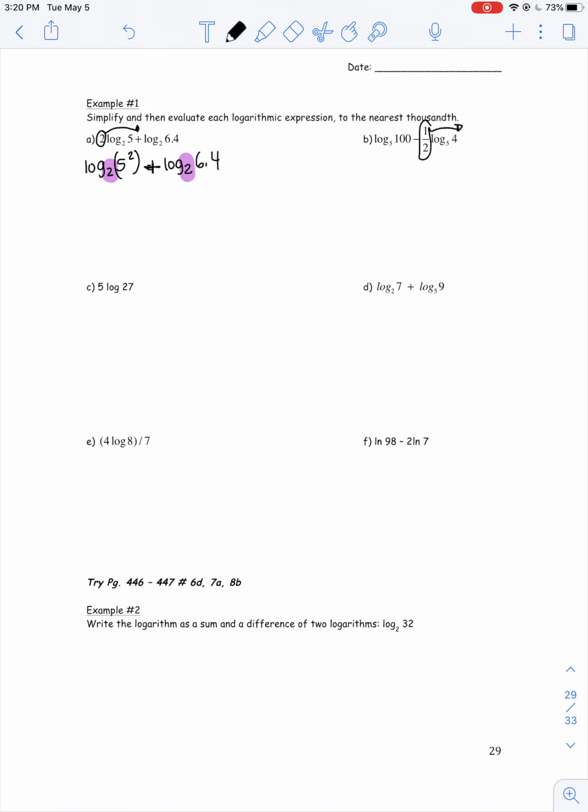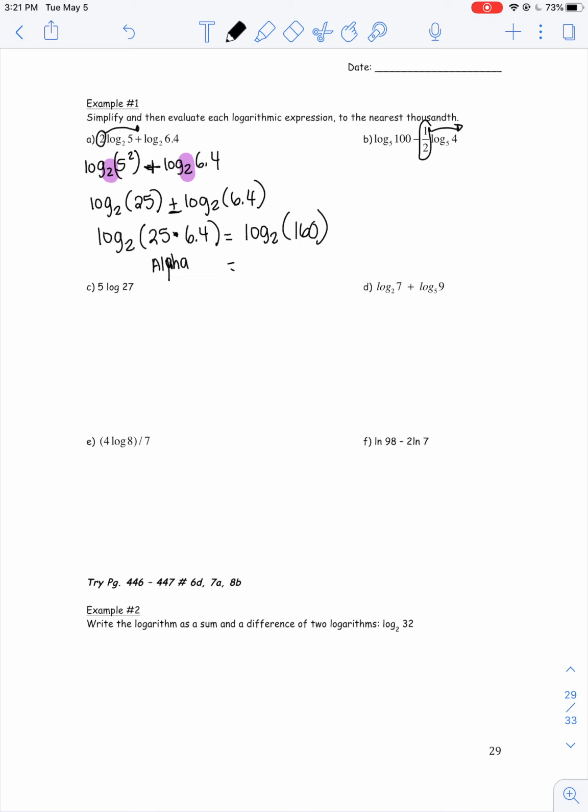For us to do the product law, we need to make sure that the bases are the same. Only if they are the same can we apply the product law. So log base 2, we rewrite 5 to the power of 2 as 25. Now the product law, because of addition, means I can multiply the 25 times the 6.4, and that's equal to log base 2 of 160.